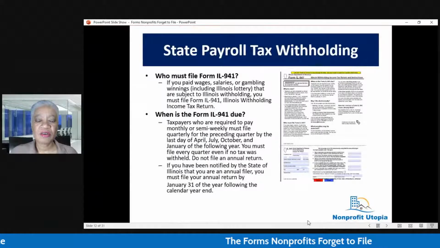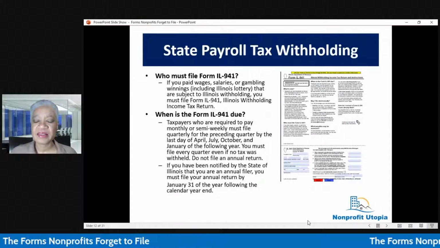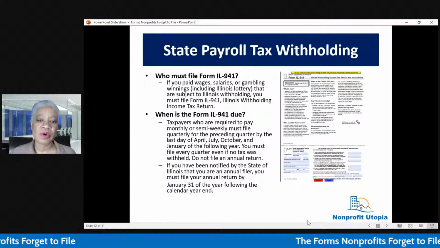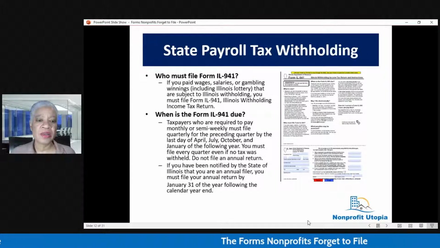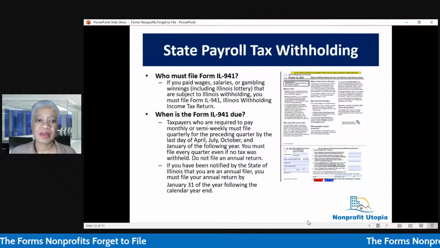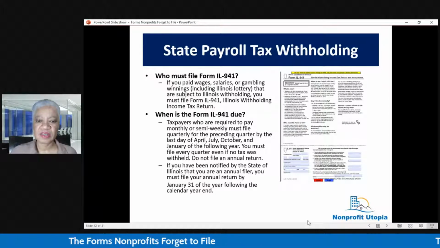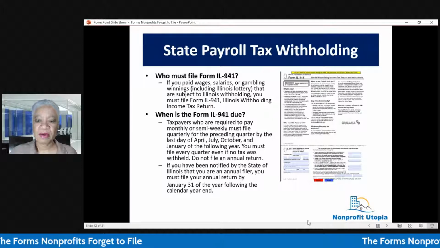All right, so here is Form 941-IL, and this is, again, the state of Illinois, and every state, I'm sure, their Department of Revenue has some similar mechanism in place for collecting income tax for employees, right? So this is just a state counterpart to Form 941.